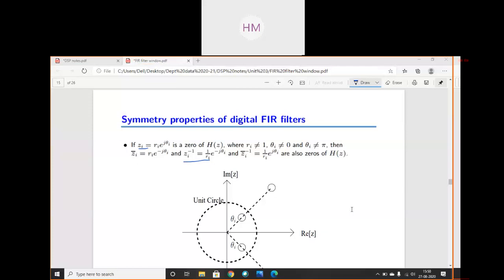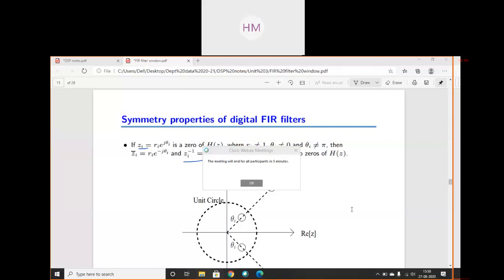The limits of the summation are n equal to 0 to M minus 1. h of n into sine in brackets omega tau, you have to write tau.